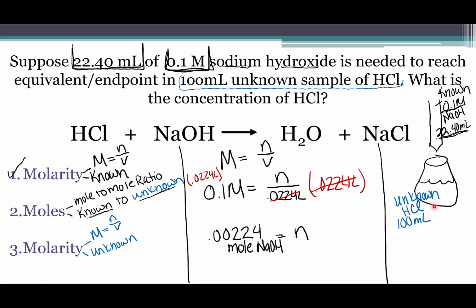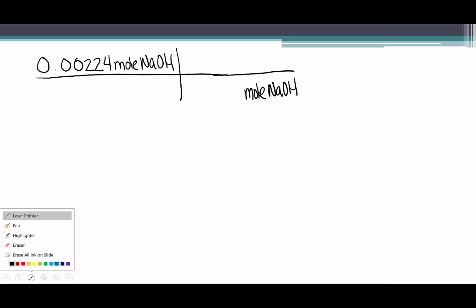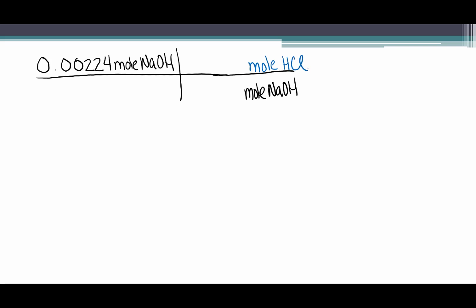So looking at my picture here, we're going from sodium hydroxide to hydrochloric acid. Okay? So we need to use this balanced chemical equation and look at this ratio between these two. Okay? So let me get my destination onto the top. This is going to be moles of HCl. Okay? When we do this mole to mole step, what numbers did we put in there? Where did we go to find those numbers?